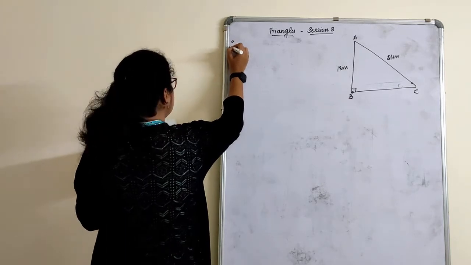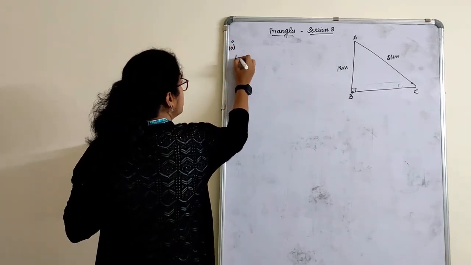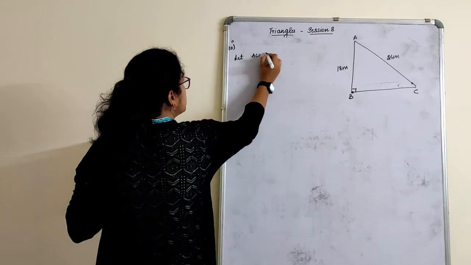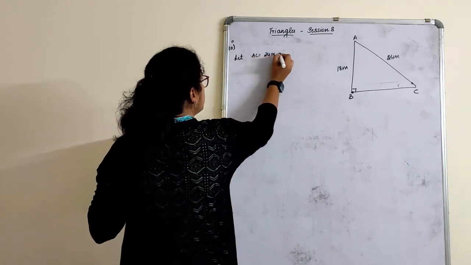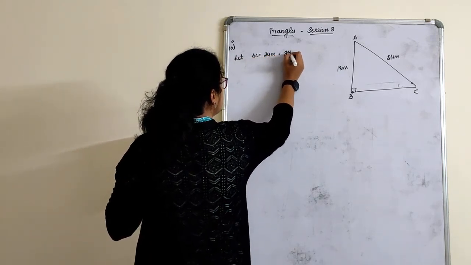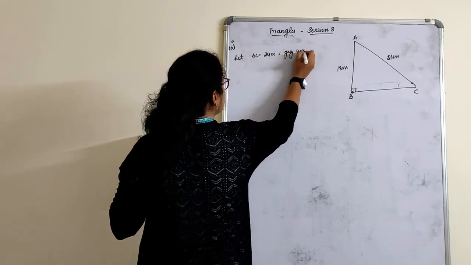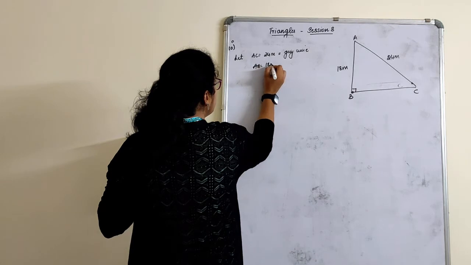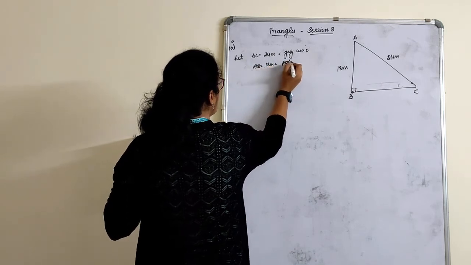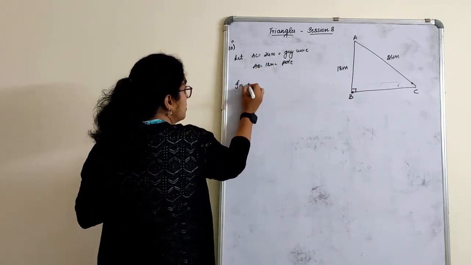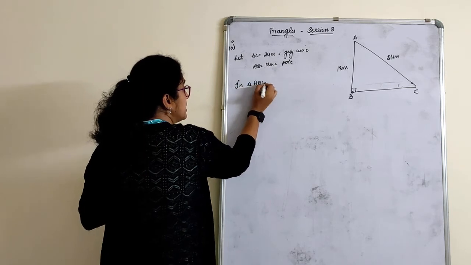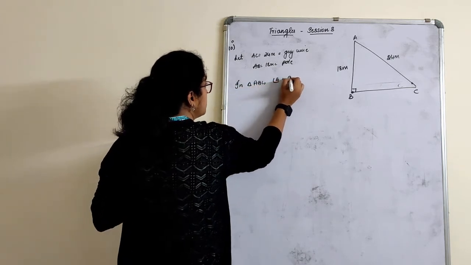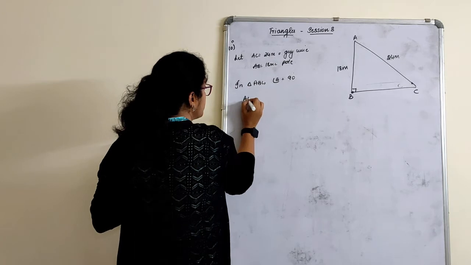Question number 10. Let AC is equal to 24 meter, that is the guide wire, and AB is equal to 18 meter, that is the pole. In triangle ABC, angle B is equal to 90 degree.